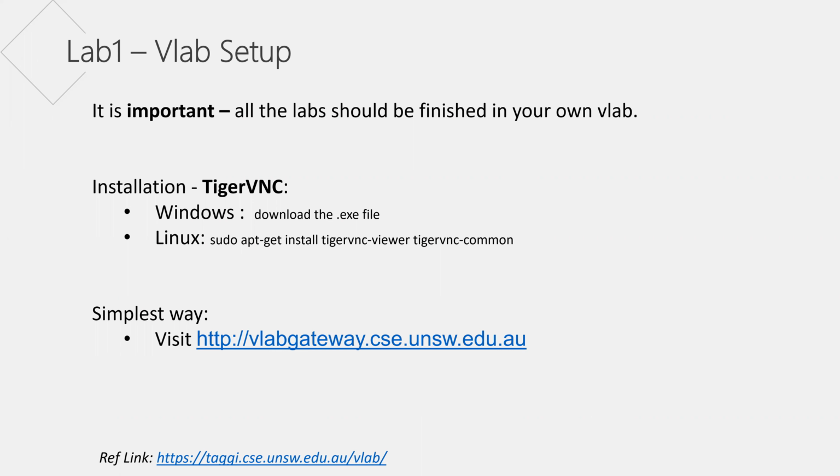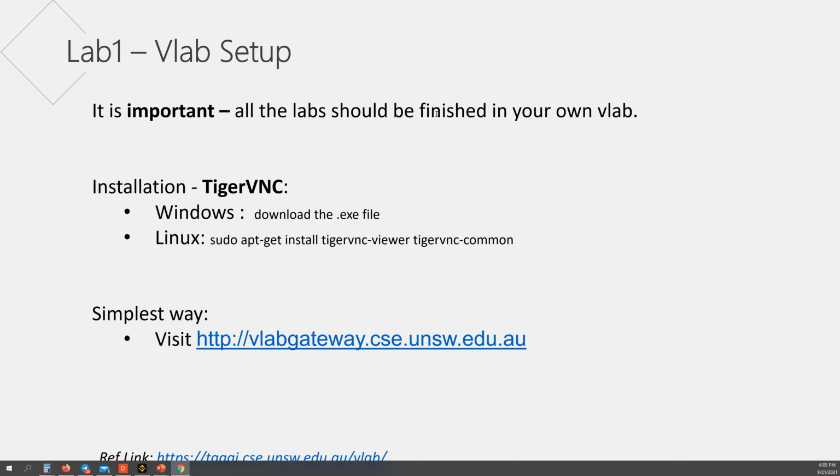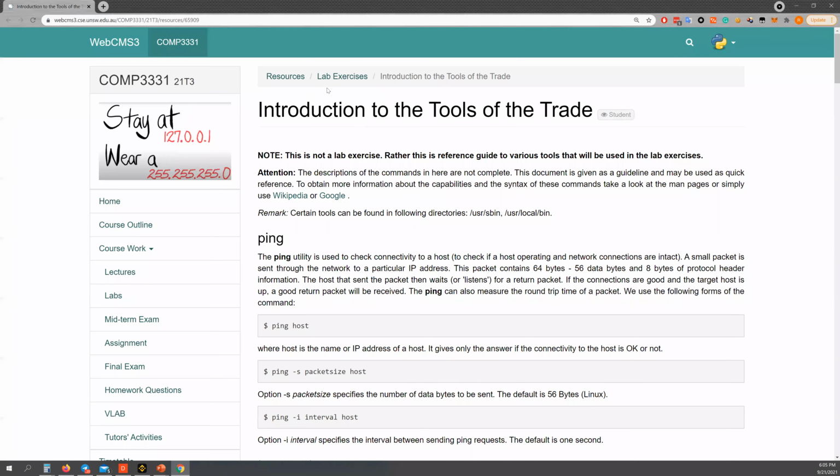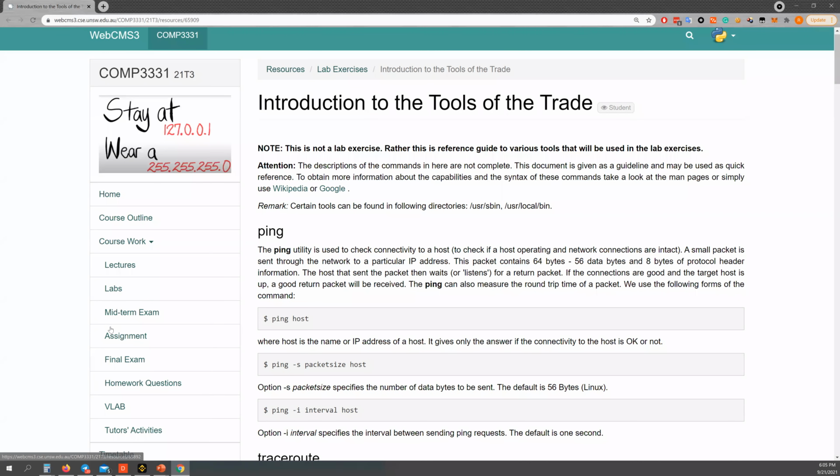So I guess most of you have already finished the environment setup, but just in case, I will go through it. What we need to do is to open the link here in the web CMS. You can see the lab exercise under the activities here.